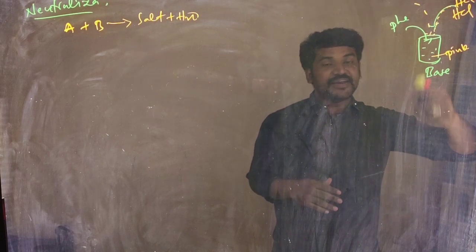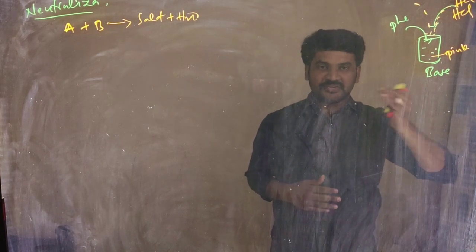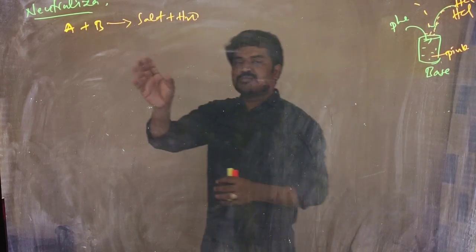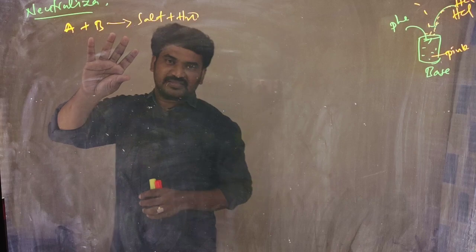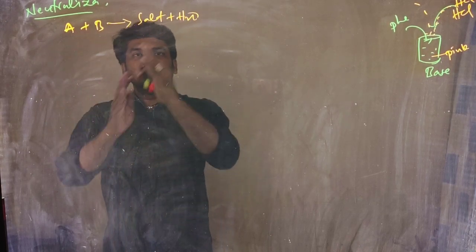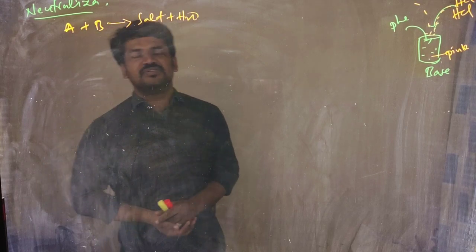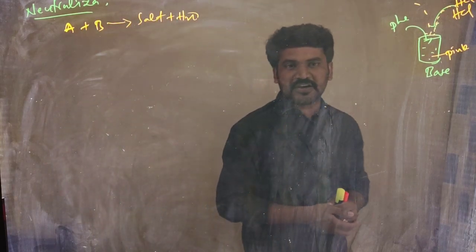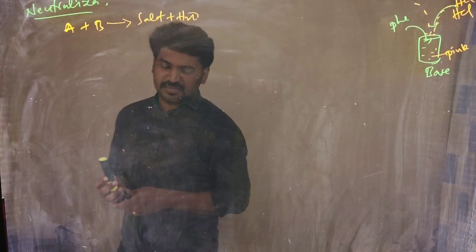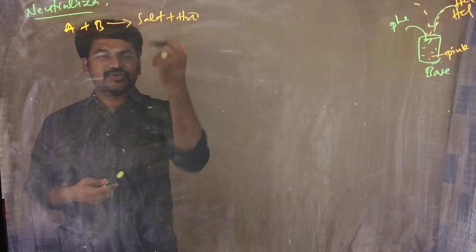We add acid continuously, in a particular proportion. The minimum amount of acid and base reacts to give a salt and water, and that we call a neutralization reaction. For that we'll write an example. Any acid you take, right?